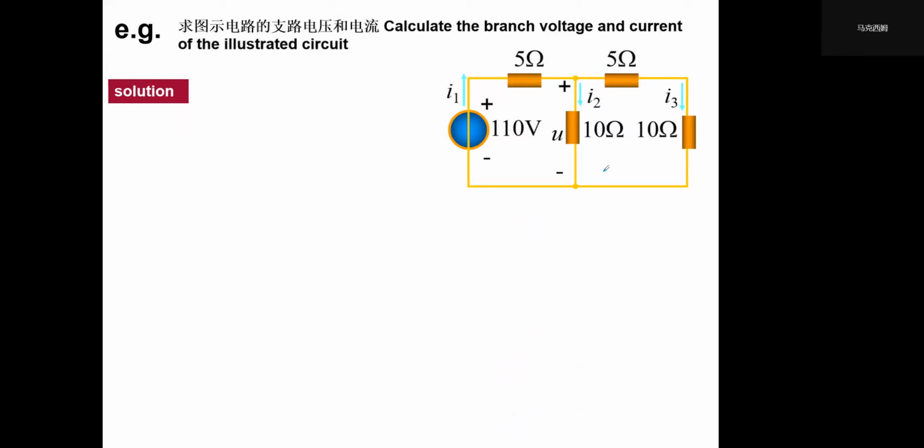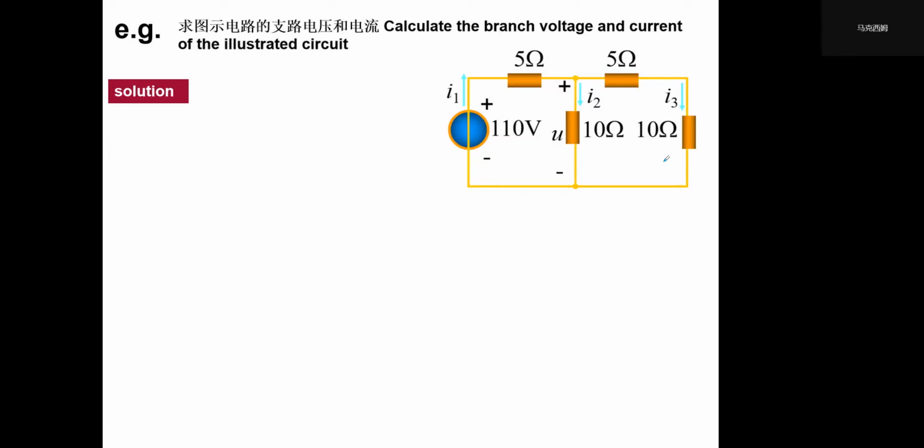So now we can apply this theorem to solve this problem. And we have an independent voltage source.